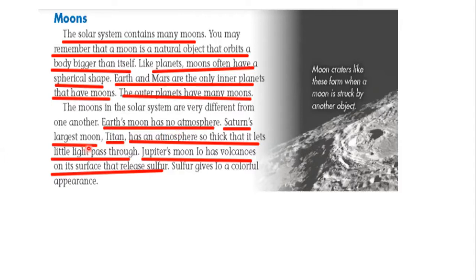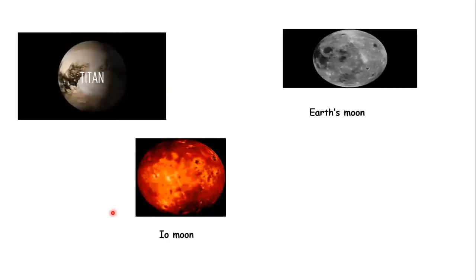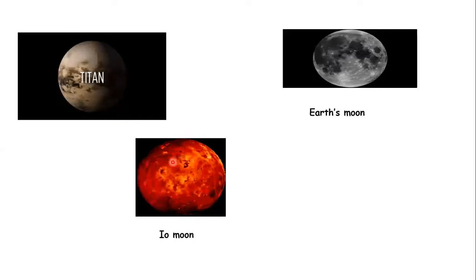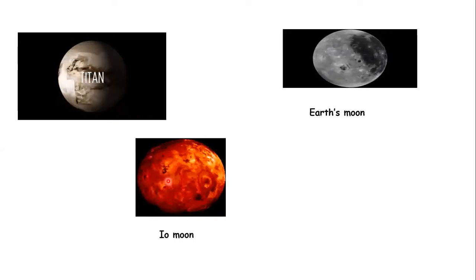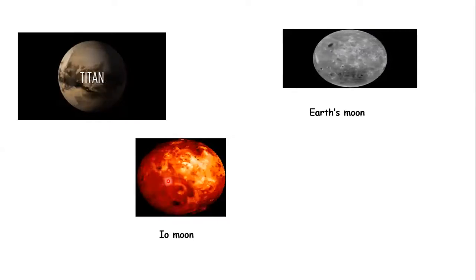Saturn's largest moon, Titan, has an atmosphere so thick that little light passes through. Jupiter's moon, Io, has volcanoes. Here Io has sulfur and a volcano surface, as I told you.